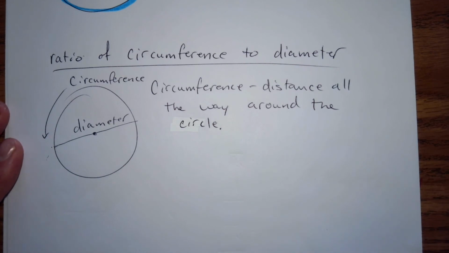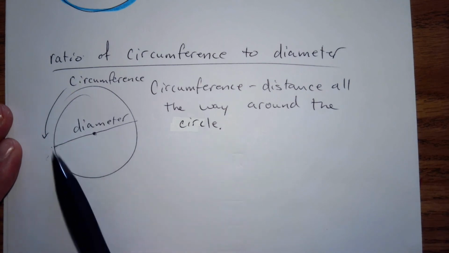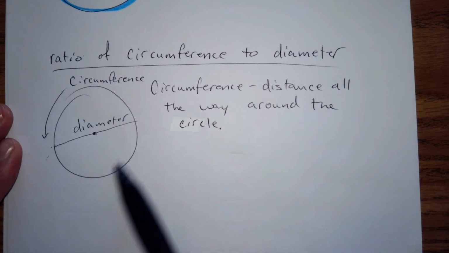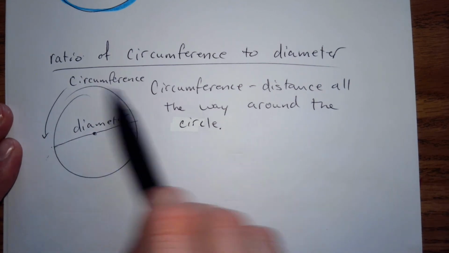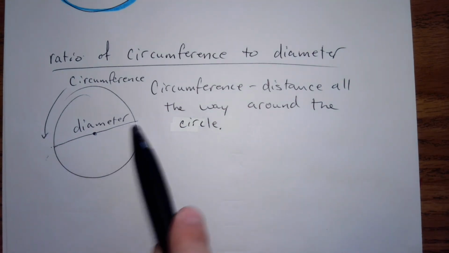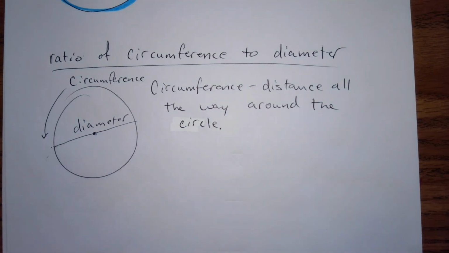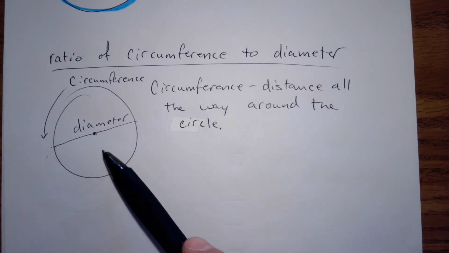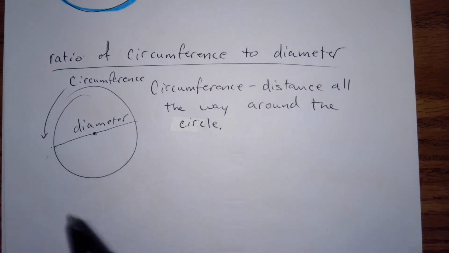So a long time ago, someone was trying to measure, maybe with a piece of rope or something, the distance around the circle, and then they'd unroll it and measure that, and then they would divide it by the diameter, and they noticed that each time they did this, for whatever circle, they got a certain number. Does anyone know what that number is?